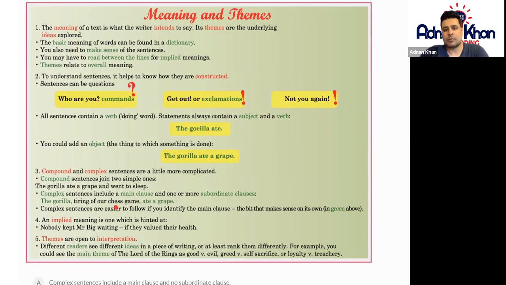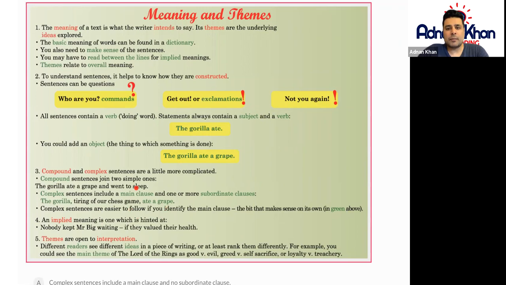So let's have a look at the example. The gorilla, tiring of our chess game, ate a grape. Complex sentences are easier to follow if you identify the main clause, the bit that makes sense on its own, in green.